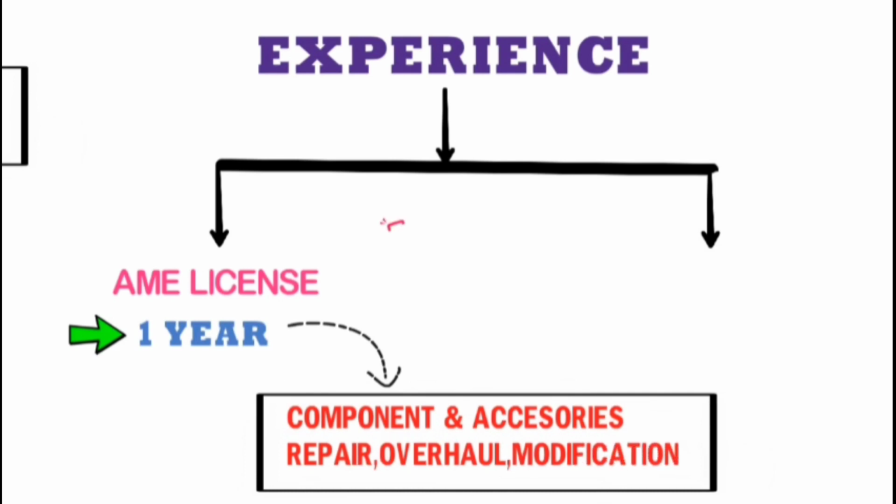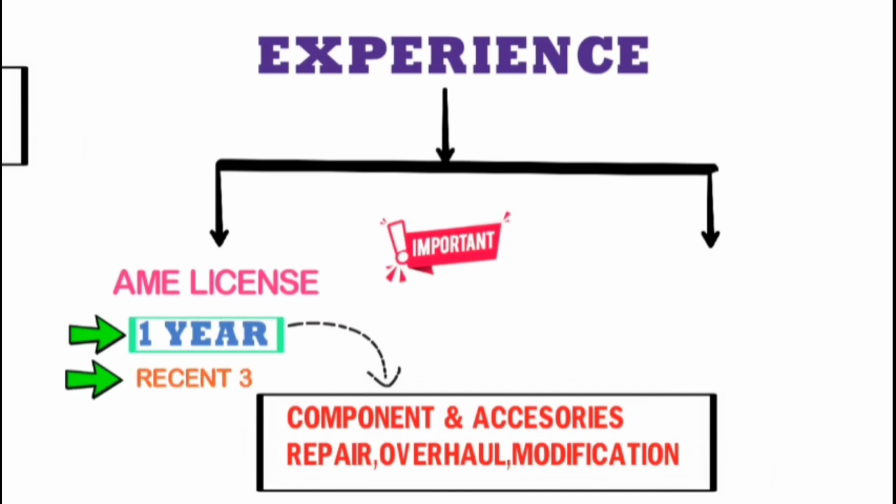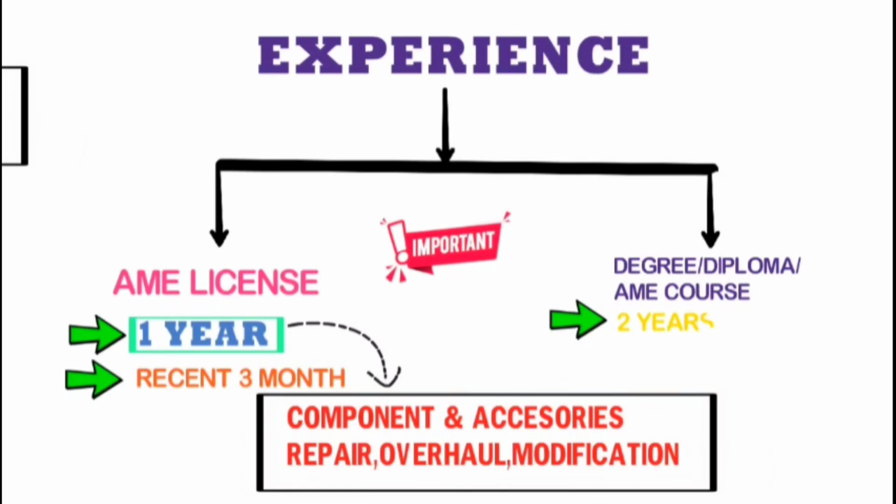Now remember one important thing, out of this 1 year of experience, 3 months should be recent experience at the time of getting authorization. And for other than license holder, the experience requirement is 2 years and the recent should be 6 months.